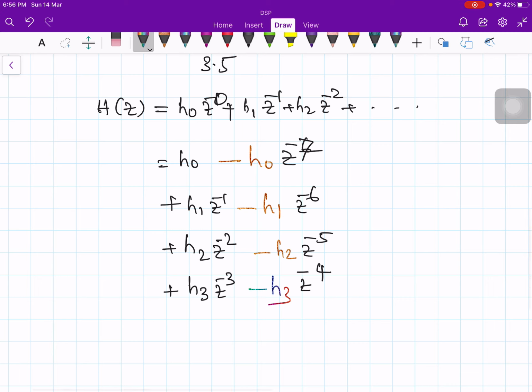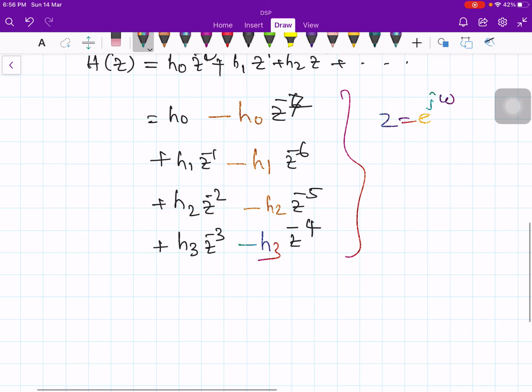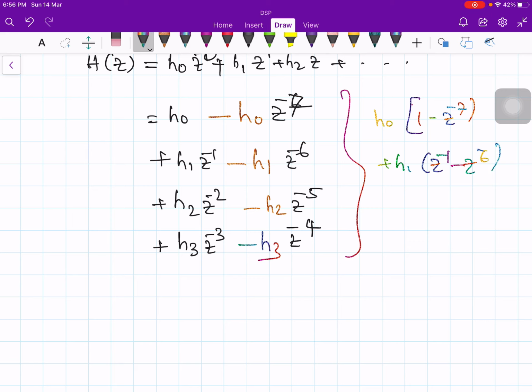Now first you replace z by e to the j omega. Before that you rearrange the terms: you take h0 commonly outside, 1 minus z to the minus 7, plus h1 times z inverse minus z to the minus 6, plus h2 z to the minus 2 minus z to the minus 5, plus h3 z to the minus 3 minus z to the minus 4.